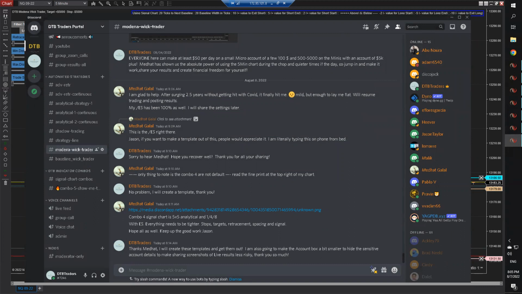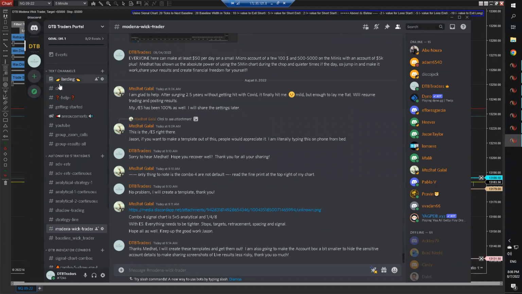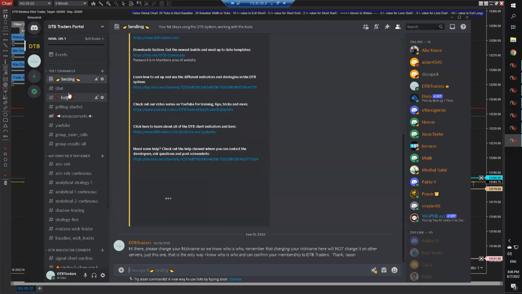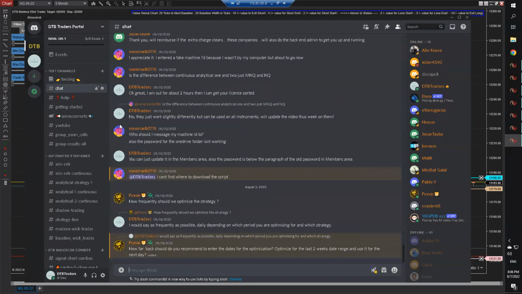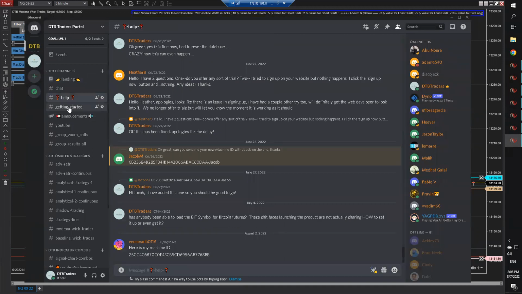With the Discord channel, only paying members are going to be able to see the individual strategy results and the individual settings and all the chat that goes around that. But there are a few channels, obviously the landing channel, you're going to have the help channel, and a few channels that everybody can have access to.